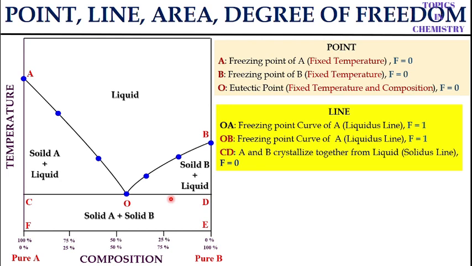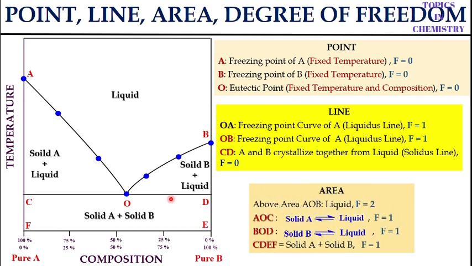Now you have to know what areas are present here. This is one area above the AOB line. Above the AOB line, you can see all are liquid, and here remember the degree of freedom F is equal to 2.